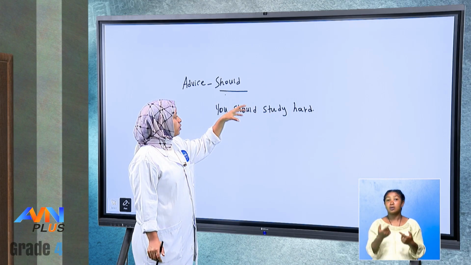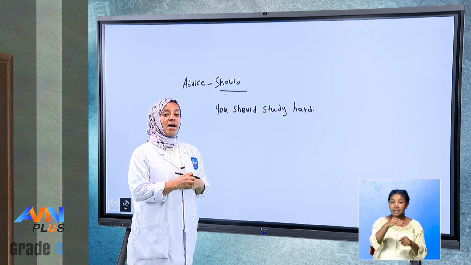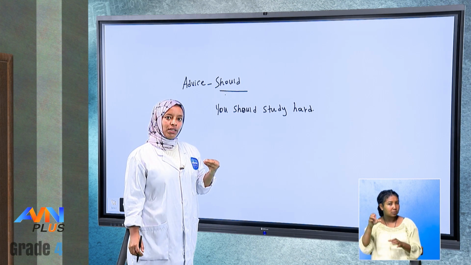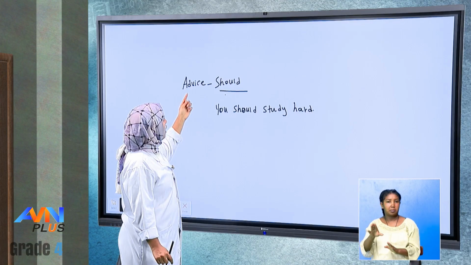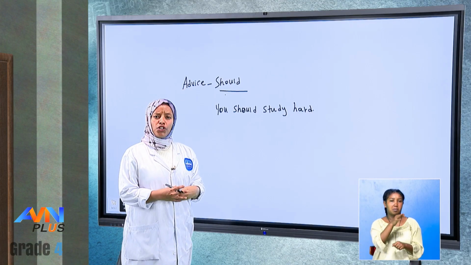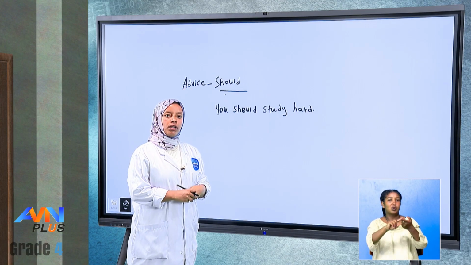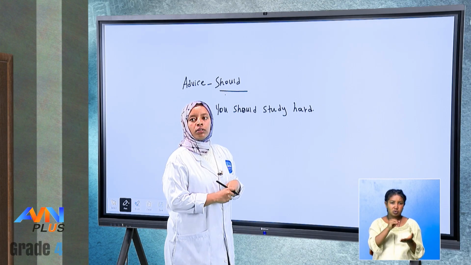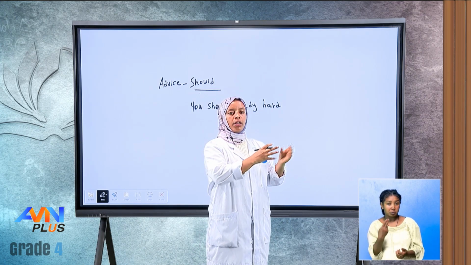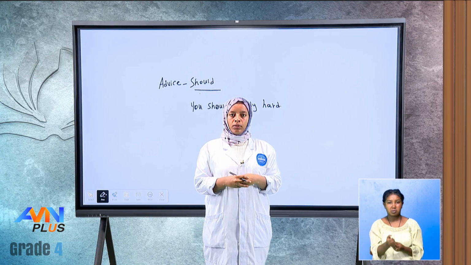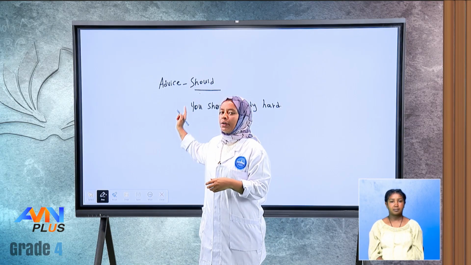When we come to the difference between should and must, that one is a strong instruction and a strong obligation. This one is advice from maybe your mom, your teacher, maybe also your friend. You should speak slowly. We can add more examples of advice.